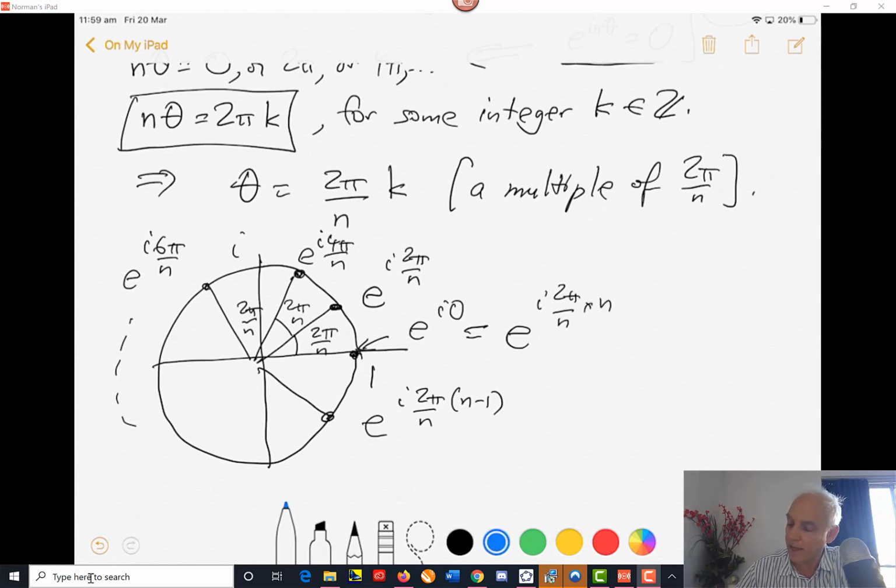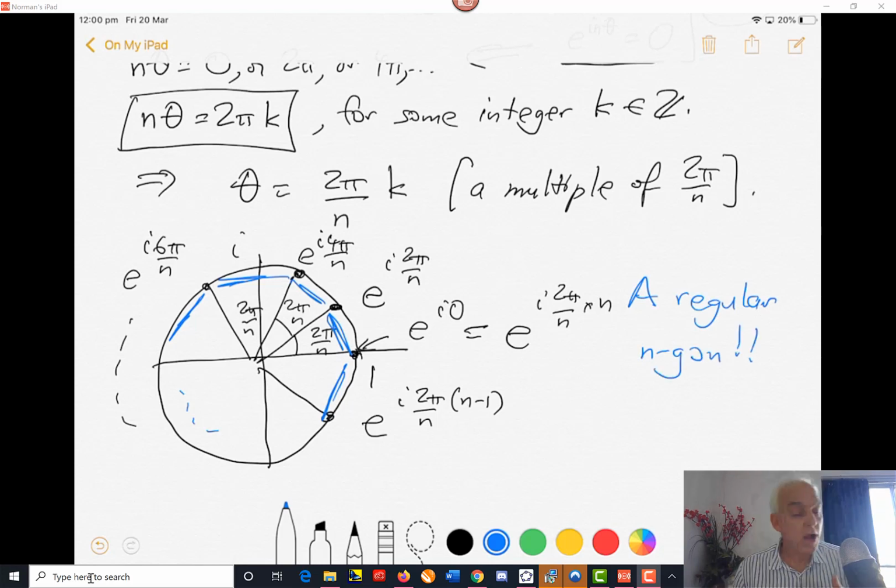So we end up getting an n-gon, a lot of equally spaced points all the way around, making a regular n-gon. So this entire problem connects with a very old and famous problem of how to construct a regular n-gon. Okay, so that geometrical problem is intimately connected with this arithmetical one, or algebraic one, when we're talking about complex numbers.